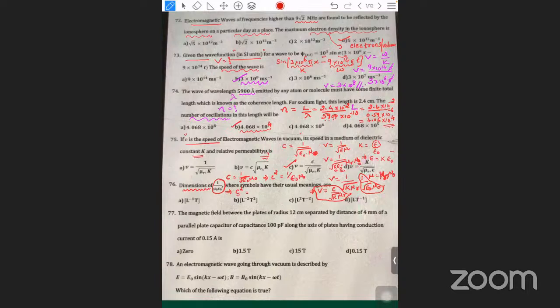So what is the dimensional formula for velocity? The dimensional formula for velocity is L^1 T^-1.